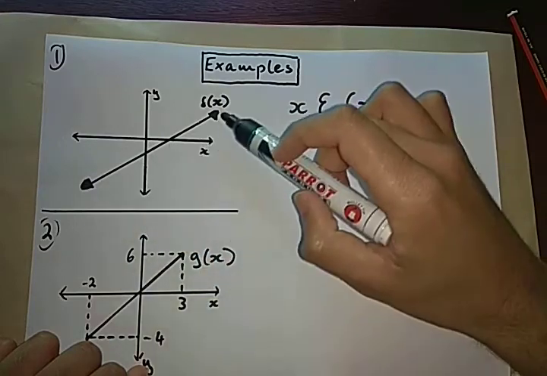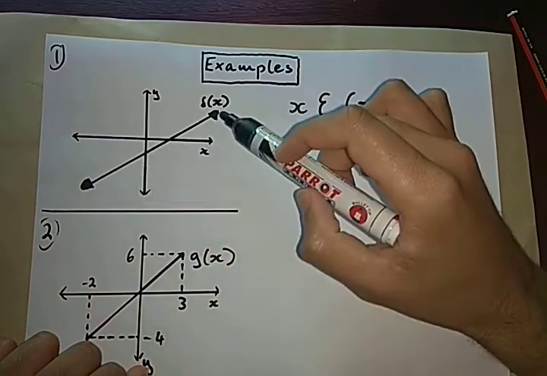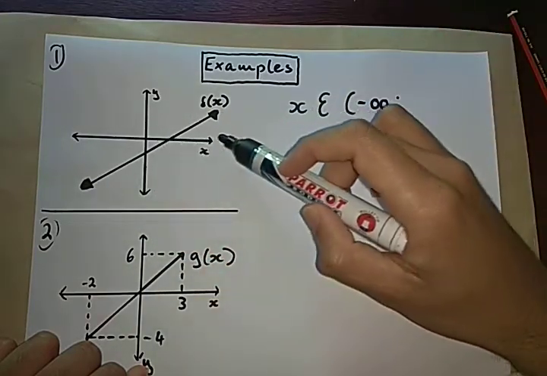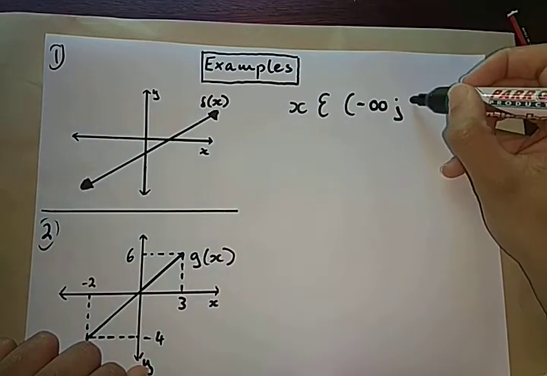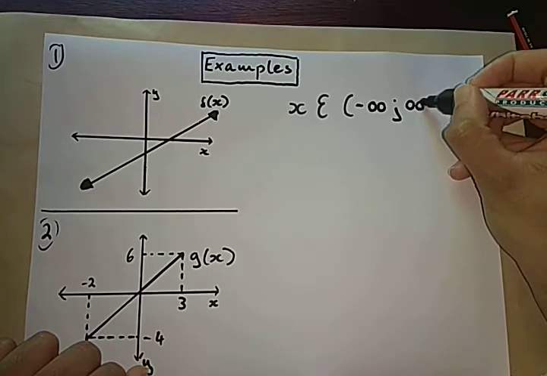Because the graph has arrows, it continues infinitely. And on the other hand, the biggest number that the graph will cover on the x-axis will go all the way up to positive infinity.